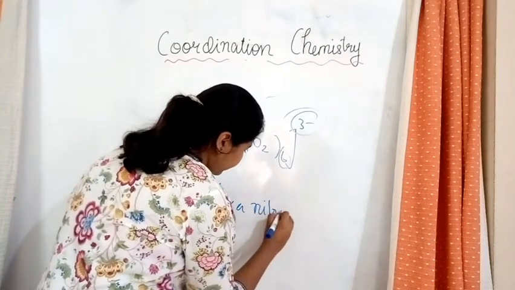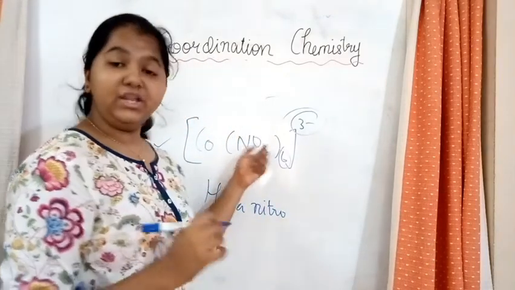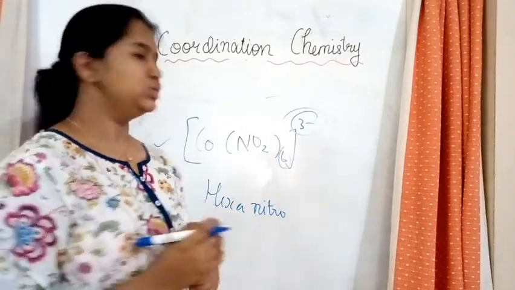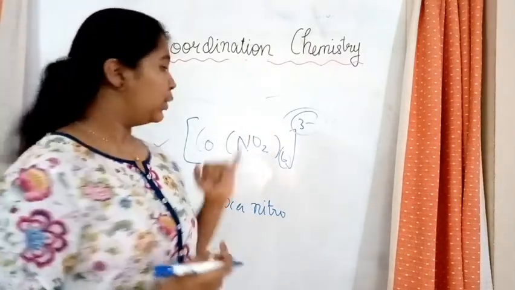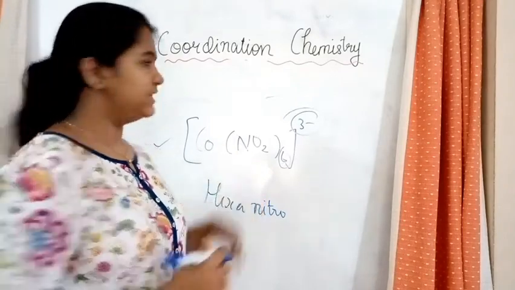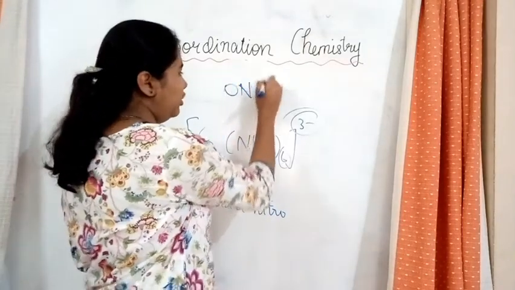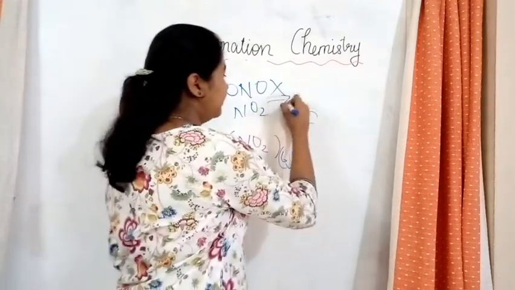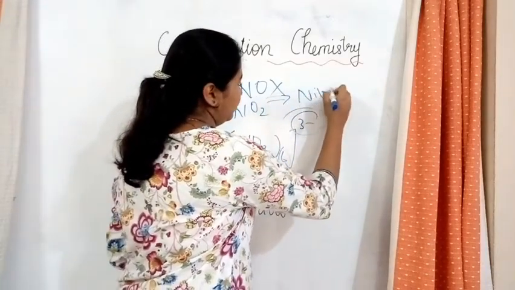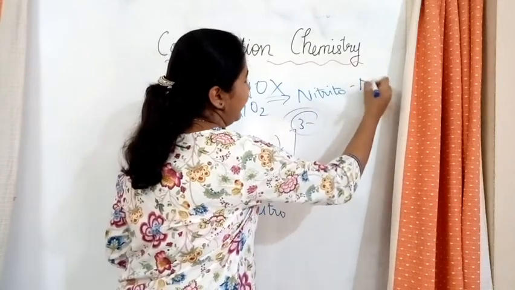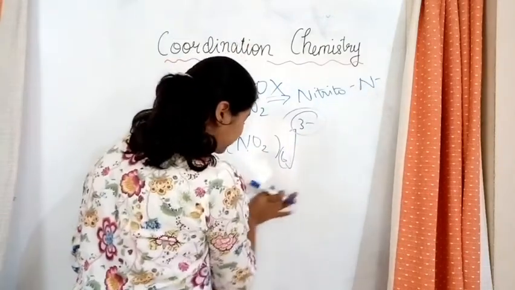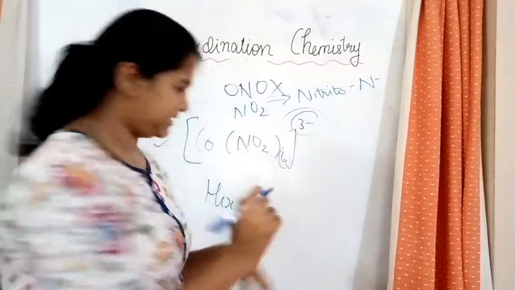Hexanitrito. By the way, NO2, I said NO2 is an ambidentate ligand. So for this ambidentate ligand, which form is written over here? It is not ONO written, no. It is NO2. What is the name of NO2? That is nitrito. Am I right? So we'll write it in the same way. There is no space between these. Okay, don't leave space.